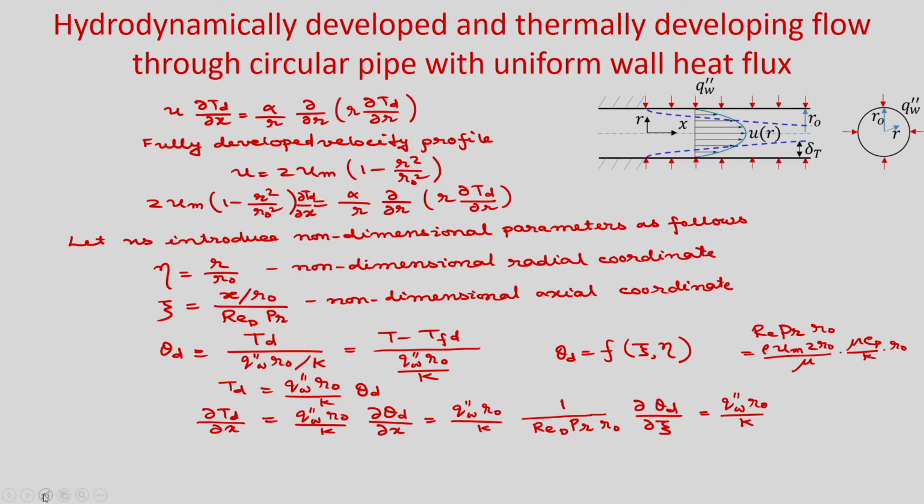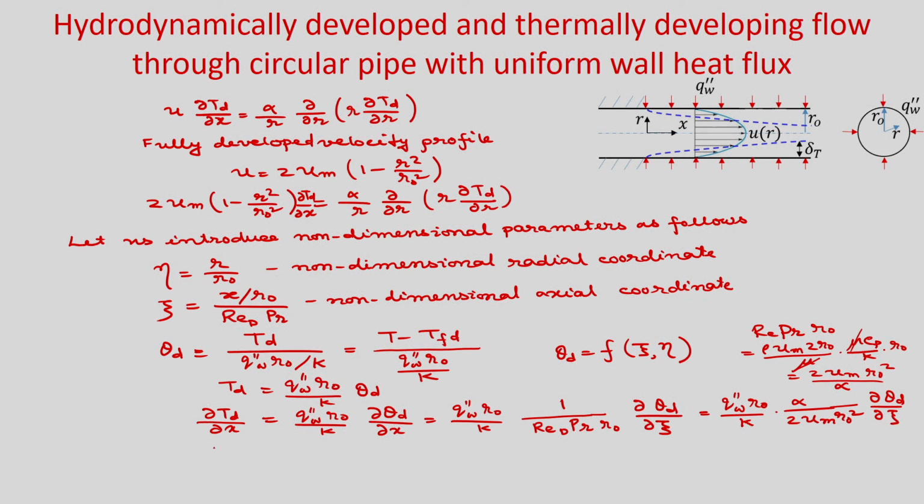You can see the μ gets cancelled. So you can write twice u_m r_0 squared, and k by ρ C_p is your thermal diffusivity. So you can write α by twice u_m r_0 squared into ∂θ_d/∂ζ.